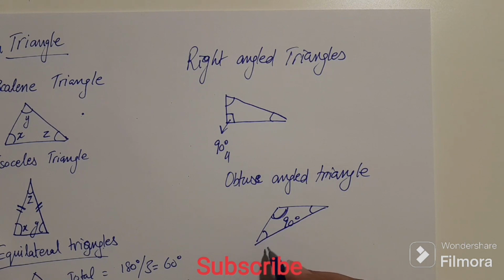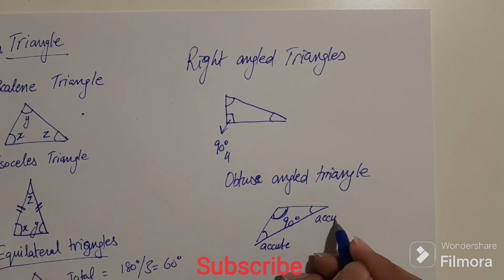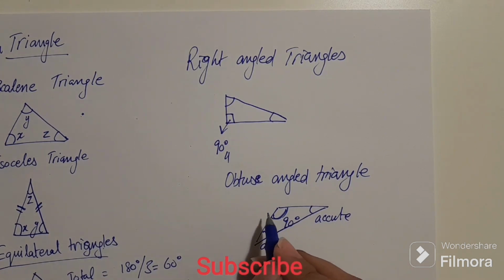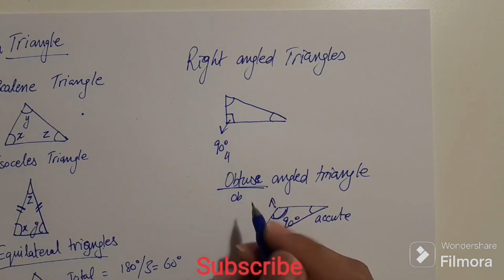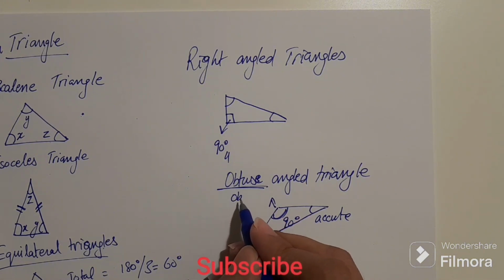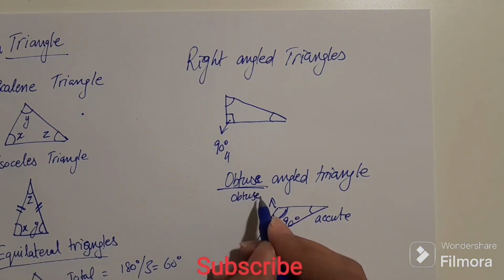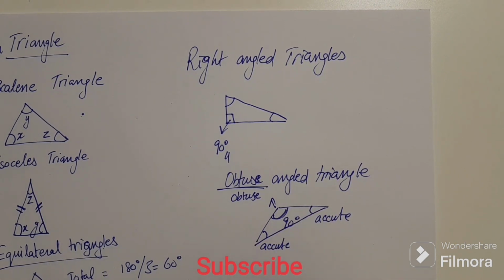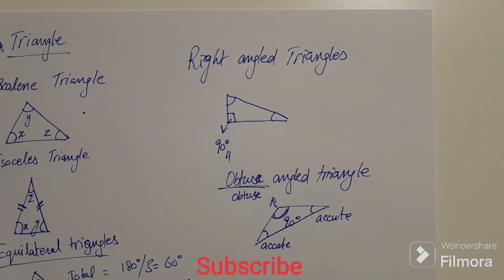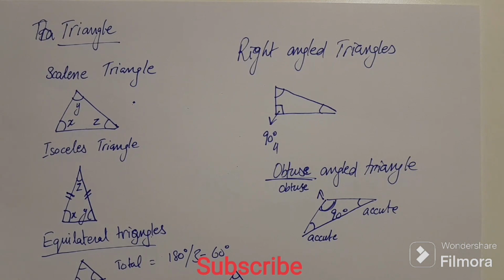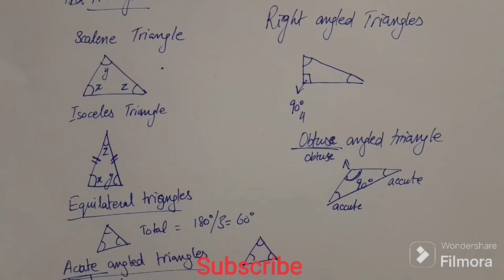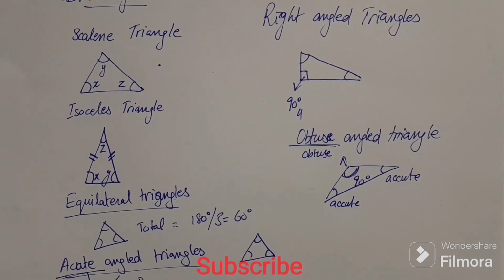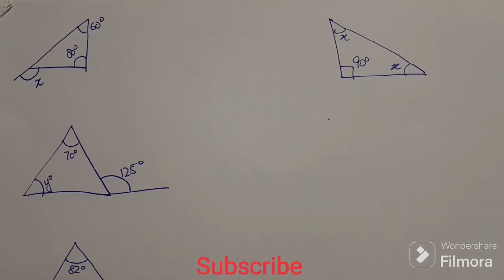So the other two will be acute, acute, and this will be obtuse, as referred to in the name of the triangle. So there are 6 types of triangles.